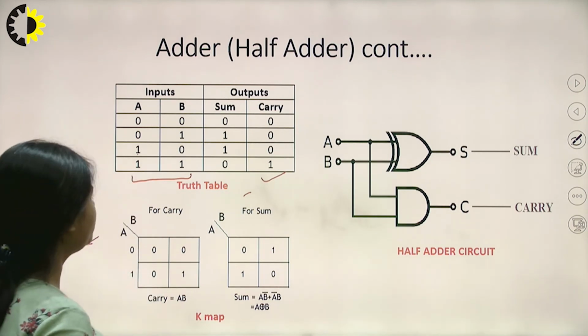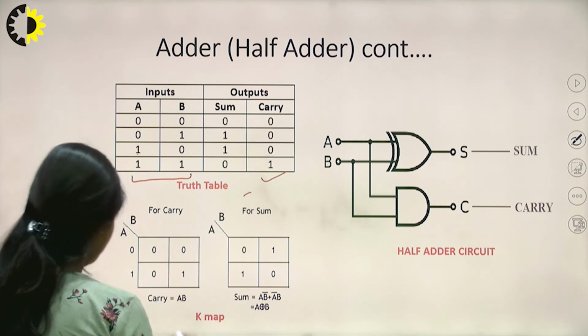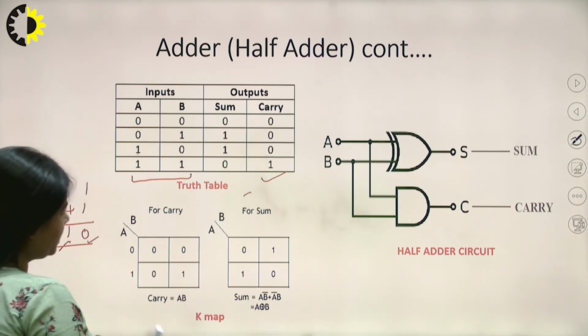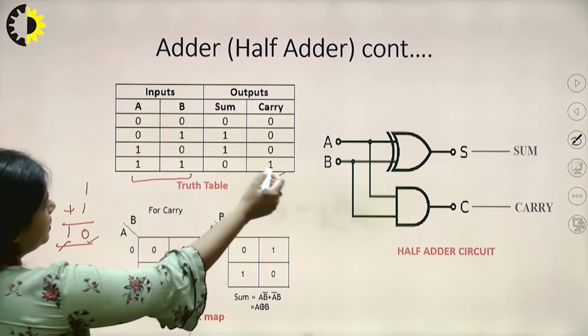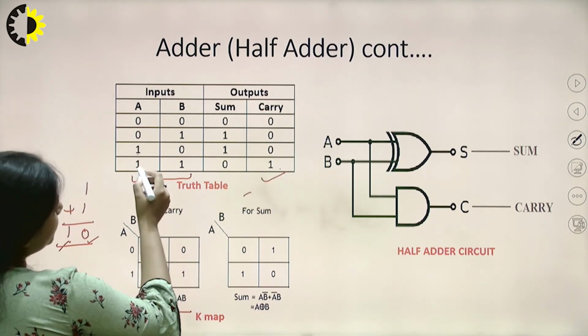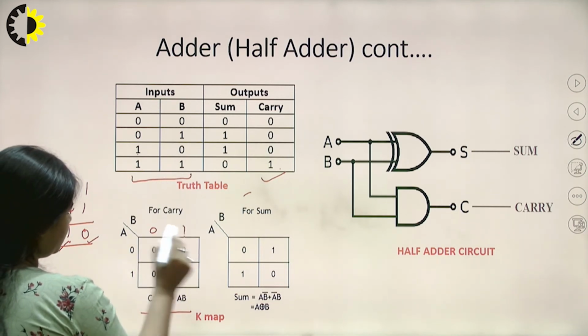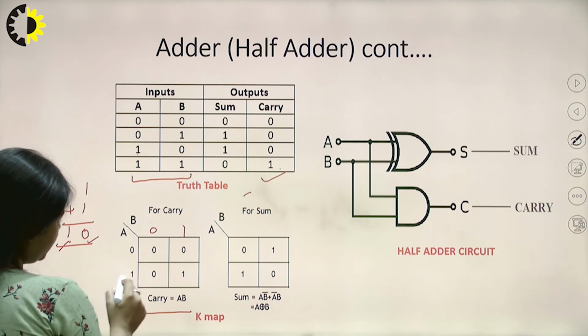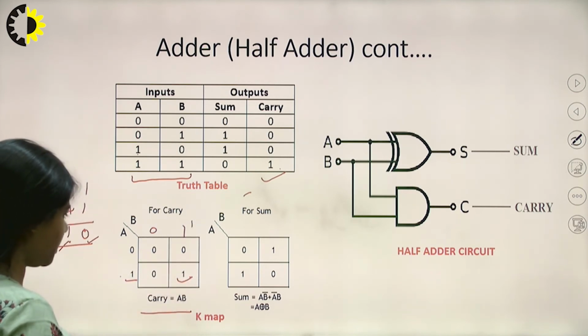So we are going to create the K map for sum and carry. These are the K maps. We will create for carry first. We have 1 at the combination where A is 1 and B is 1. So this combination will have 1.